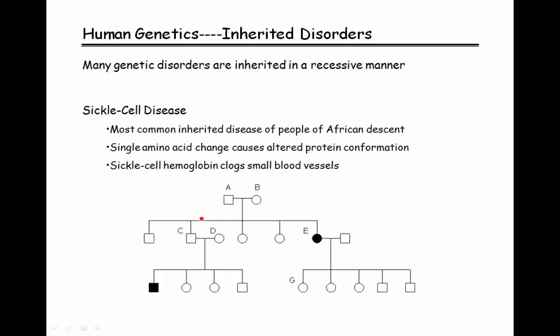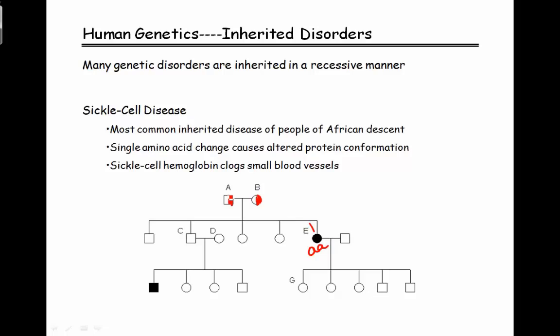It is the most common inherited disease of people of African descent. We've talked about the causes of it, but here in this picture it gives you another good look at a recessive pedigree. This individual over here has sickle cell, so they would be the little a, and their parents must have both been carriers.